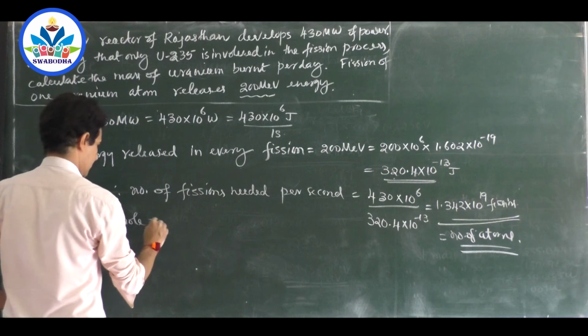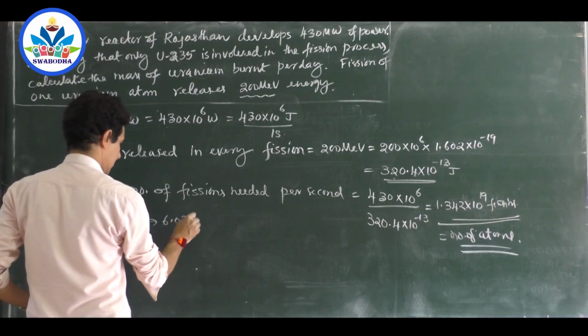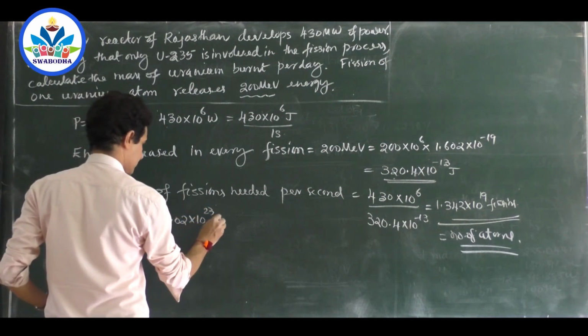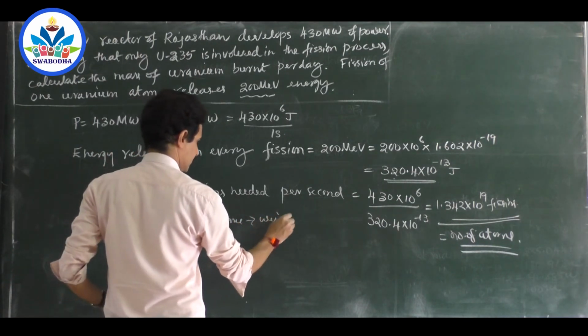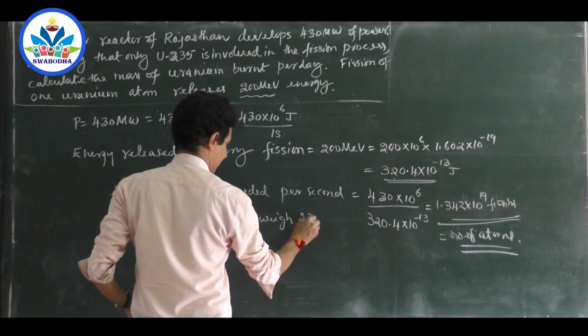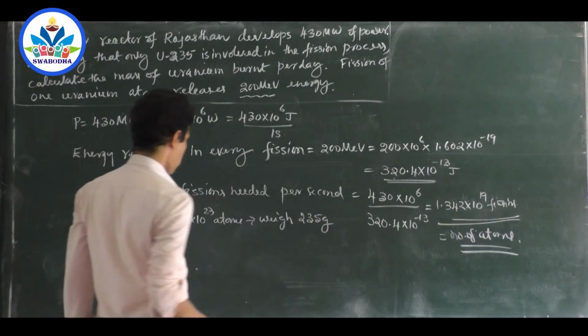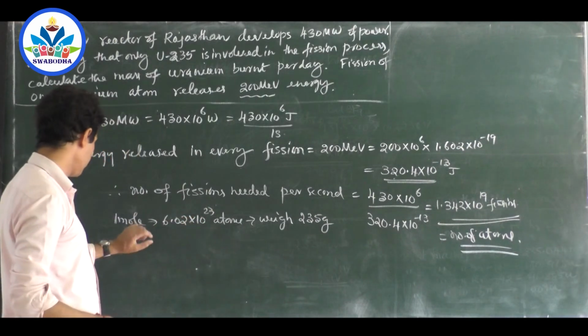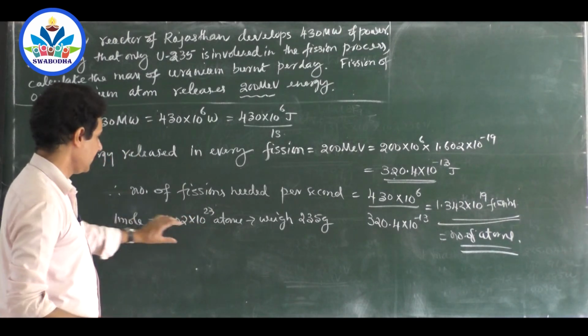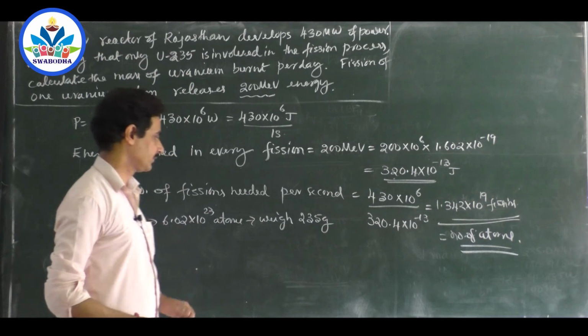That means 6.02 into 10 to the power 23 atoms of uranium weigh how much? 235 gram. Correct? 6.02 into 10 to the power 23 atoms, that is 1 mole of uranium 235, weighs 235 gram.